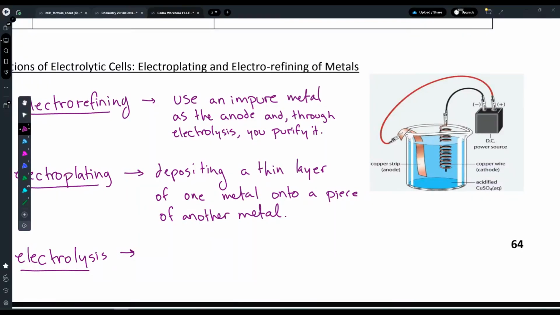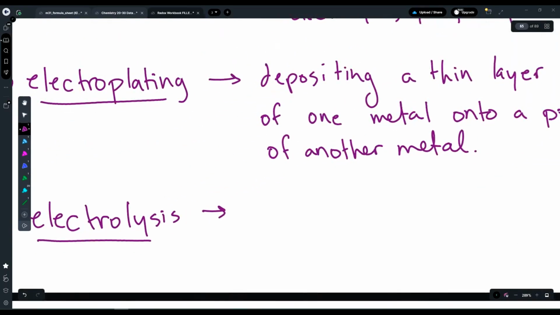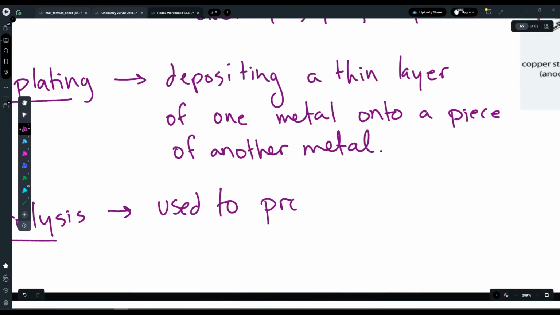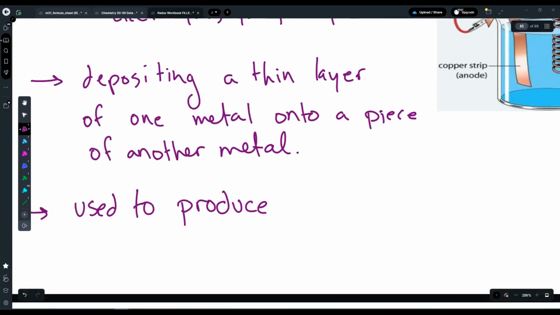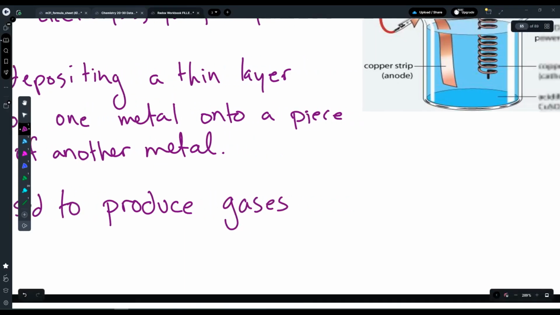And if we're not depositing a thin layer of a pure metal onto something else, then we can use electrolysis to produce gases. So examples of gases that we would want to produce would be something like chlorine, oxygen gas, or hydrogen gas.